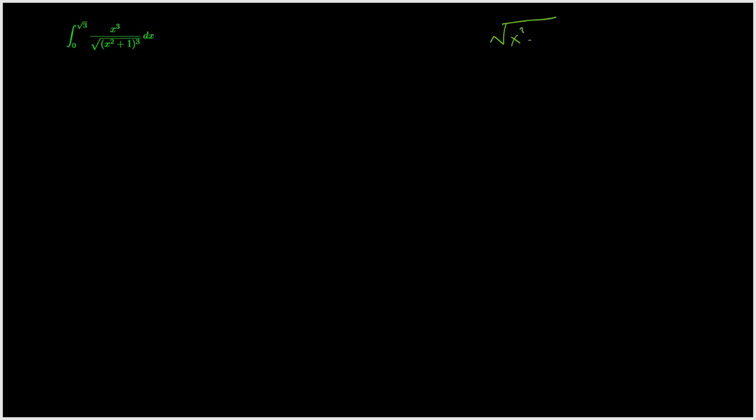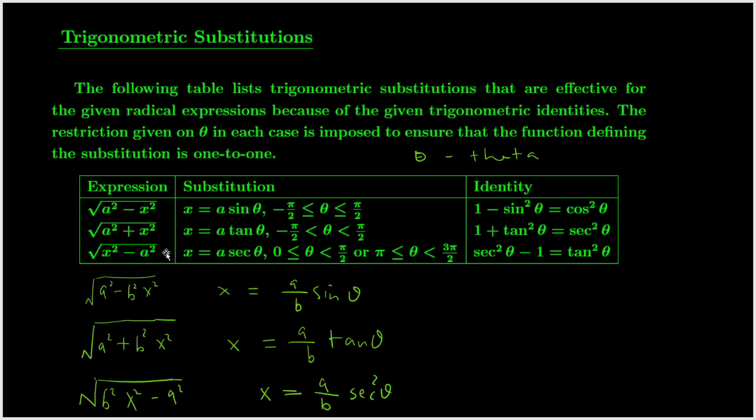Square root of x squared plus 1, the whole thing cubed, is the same thing as square root of x squared plus 1 and then that thing cubed. Essentially, the two functions are the same. I'm trying to say the radical is essentially square root of x squared plus 1 squared, which is in the same form as the radical in the second line in the table.